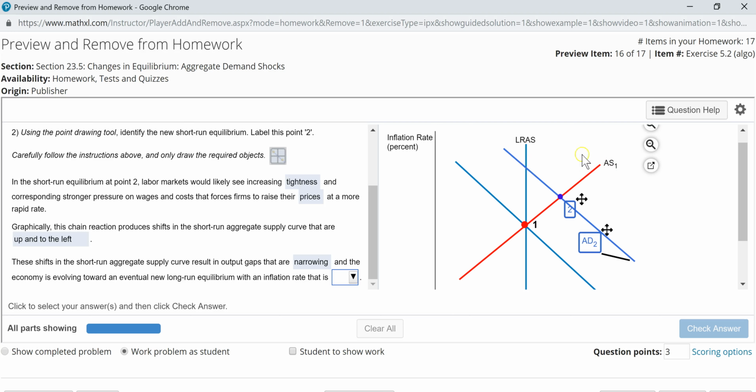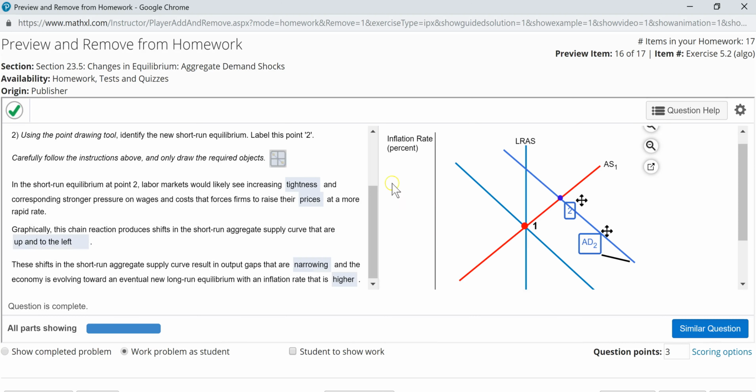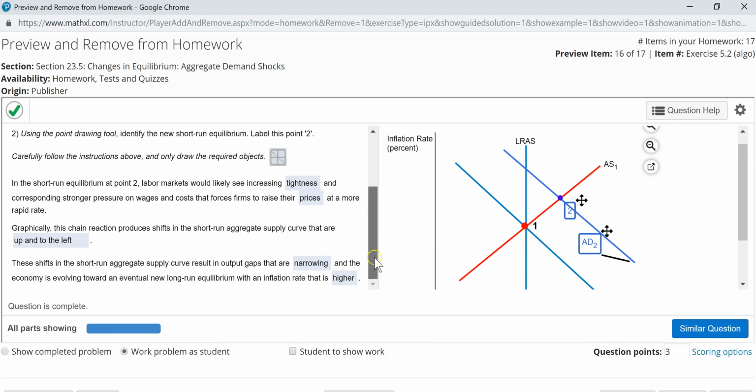So the intersection between the AS curve and the new AD curve is here. So there's no output gap. Then it will stop shifting. But here you see that this point is above the initial point. So that means the inflation is higher, even though the output is the same. So the inflation will be higher. Okay, I guess we have basically done this problem.